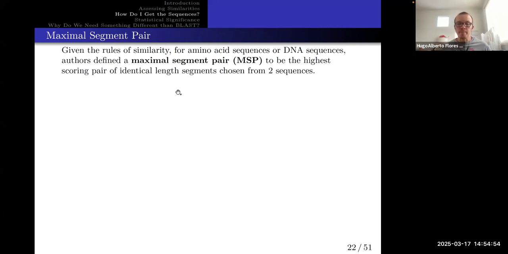It is a particular subregion or subset of the sequence for which you would like to find a very high score because it is very similar to another segment in the original sequence. I'm using the word score, assuming you saw the first video, where we discussed the scoring matrix that allows us to compute a score when comparing two sequences.